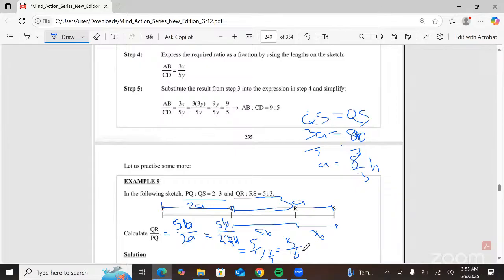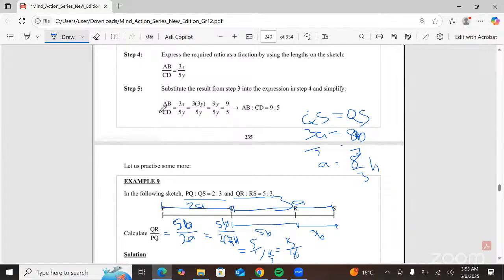Yes, sir. Are you sure? So how do you know the relationship between the QS and the other QS, why are they different values? Okay, look. That is why these scribbles are important.